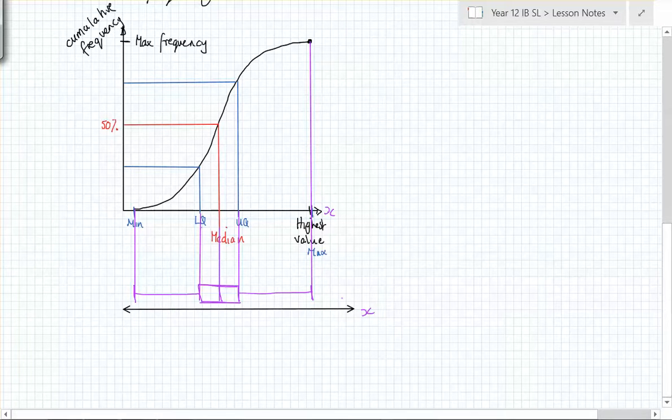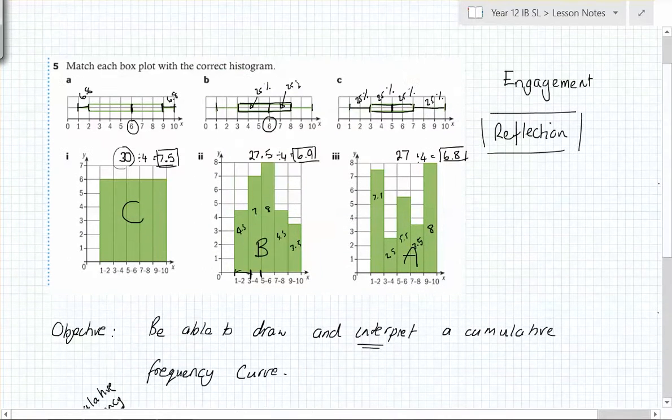I want you to think of the different shapes of those box and whiskers. I want you to go along with these box and whiskers. I want you to try and sketch the cumulative frequency curve that would go with this box and whisker and tell me what effect the shape of the curve has. Do you understand what I mean?